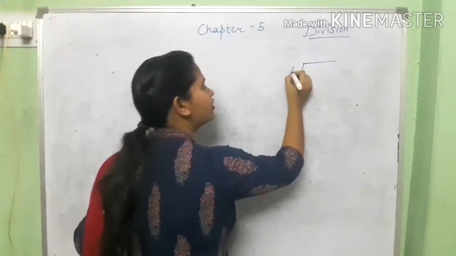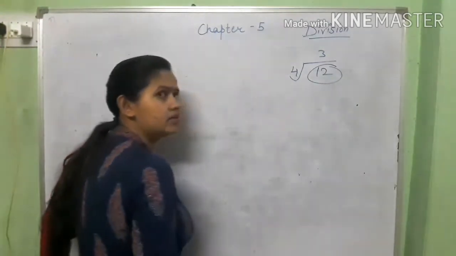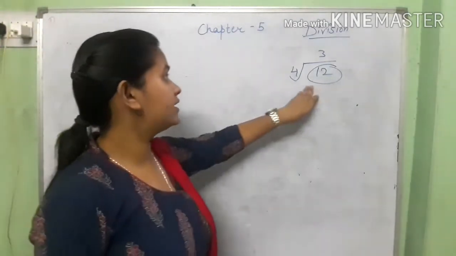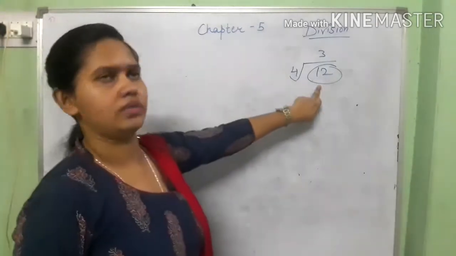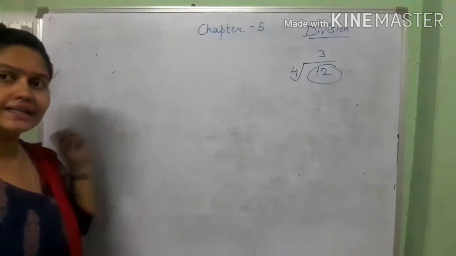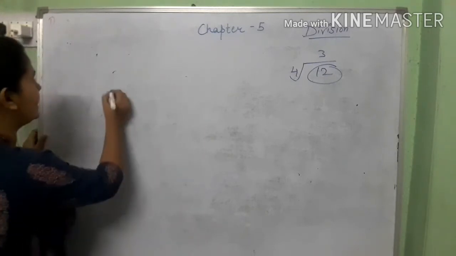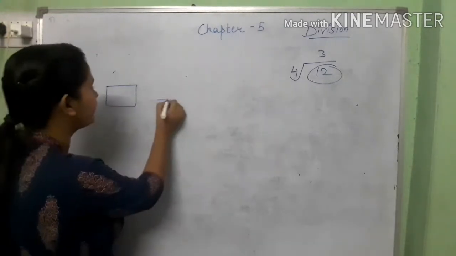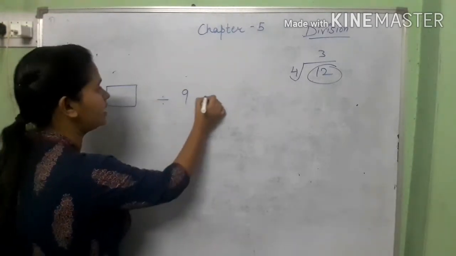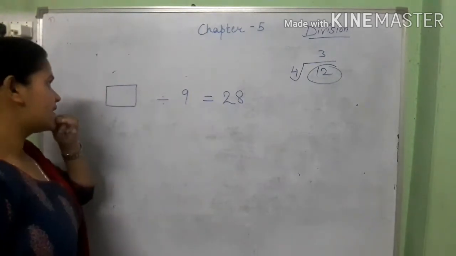Like 4 will be here, 12 will be here, 3 will be here. This one is the dividend, this one is the divisor and this one is the quotient, right? So we have to find the dividend in the upcoming questions. A box is given to us, then the division sign, 9 and the quotient are given to us.